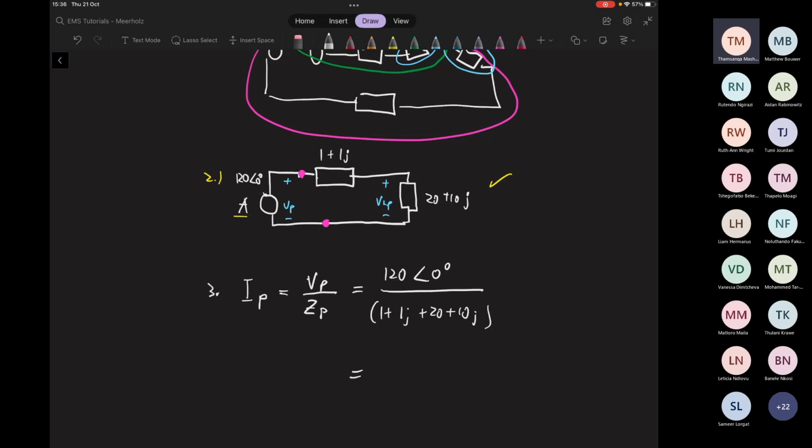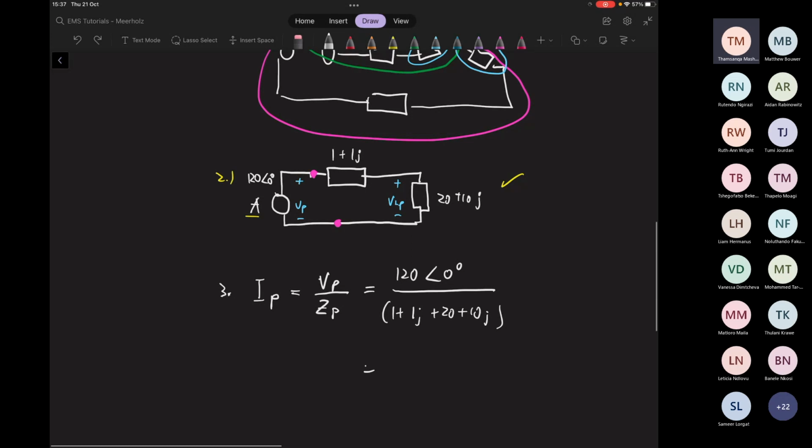And now by dividing these two things, we're going to get another phasor. I'm just putting it in my calculator, plus 20, plus 10j. So you can literally plug this straight into the complex mode of your calculator and then convert it to phasor form.